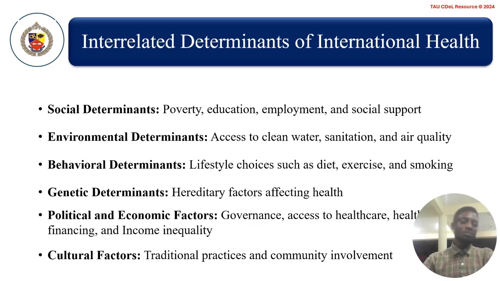The behavioral determinants include lifestyle choices such as diet, exercise, and smoking. The genetic determinants include hereditary factors affecting health. Political and economic factors include governance, access to healthcare, health finance, and income inequality. Lastly, we have cultural factors, which include traditional practices and community involvement.